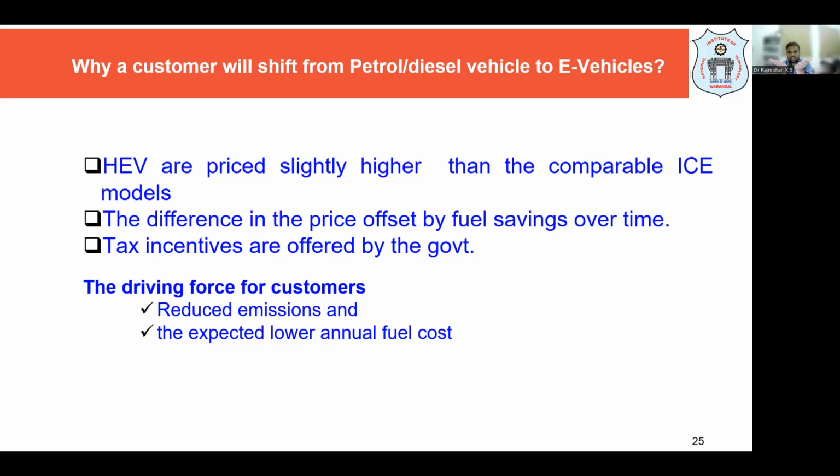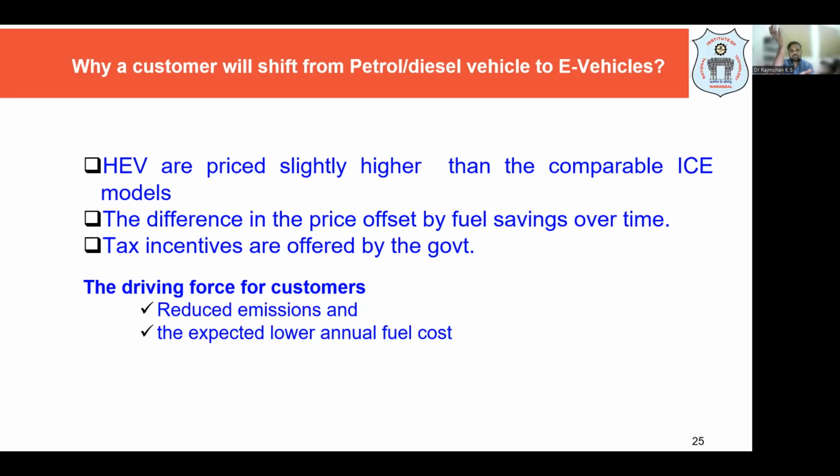environment? Say when both are the same cost, for example, a petrol car is 10 lakhs, and this e-car, meaning a battery car or fuel cell car, is also the same cost. What will I do? I will not buy the petrol car. I will go for the fuel cell car, because there will be lower carbon emissions, right?